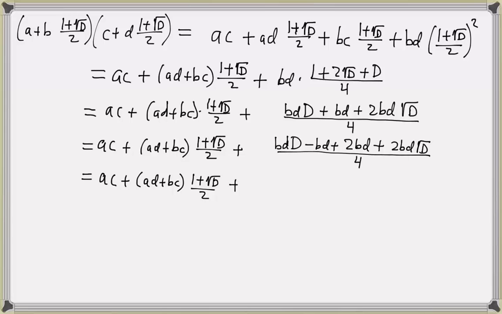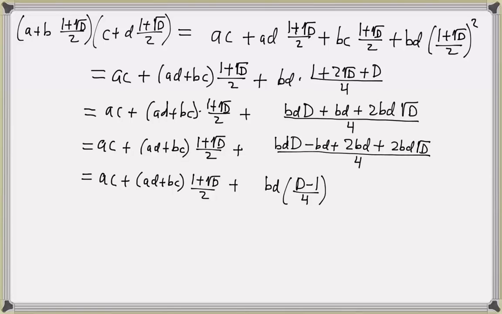So now I'm going to break this up, and the first two terms in the numerator have a common factor of BD, so I'm going to factor out a BD from the first two terms, and I'll have capital D minus 1, and I'm going to break this up as one fraction over 4.